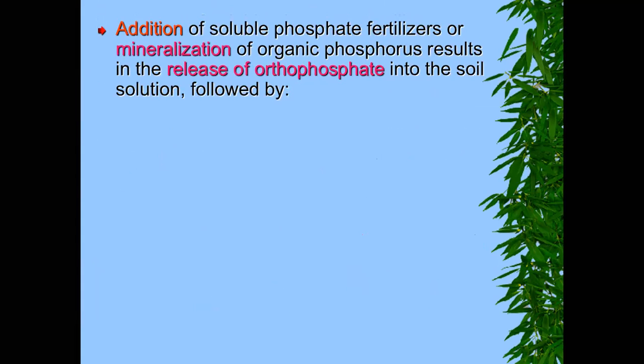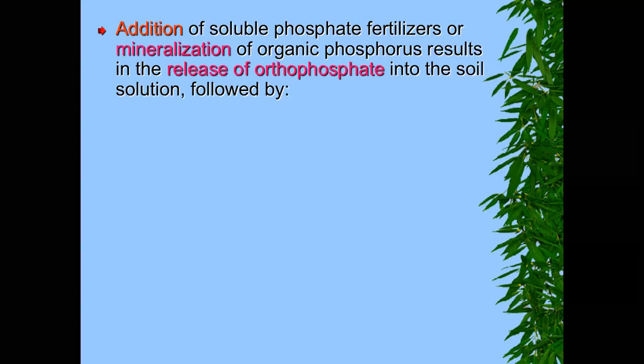And when you add soluble phosphate fertilizers, or through mineralization of organic phosphorus, that results in the release of orthophosphate into the soil solution. So where does that orthophosphate go?